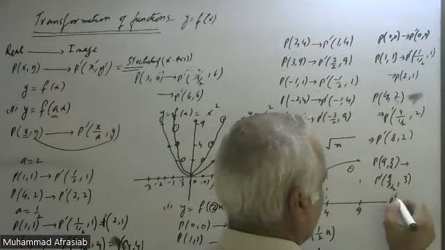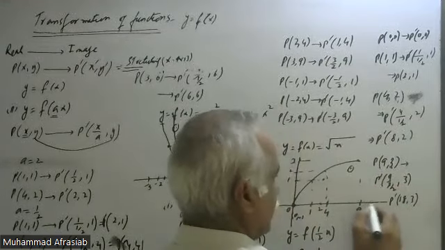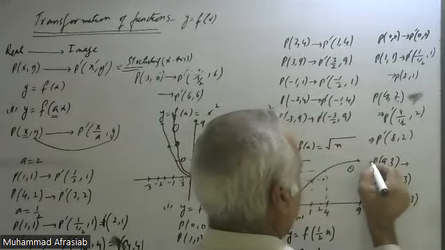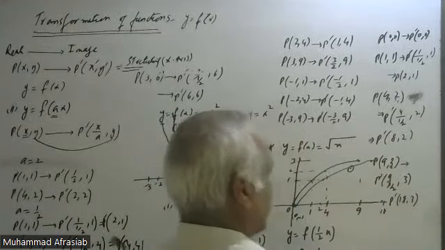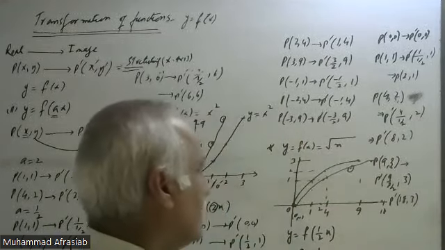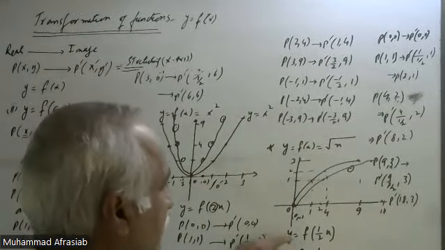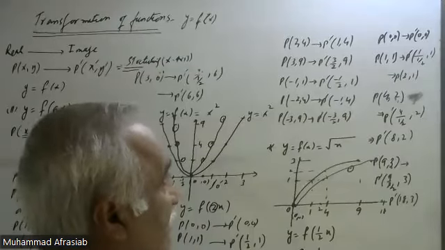So that is equal to 18 and 3 here. So let's say here is 18, and there is 3. So the graph of this will be like this. So it is basically the stretching along the x-axis with respect to the factor a equal to half.